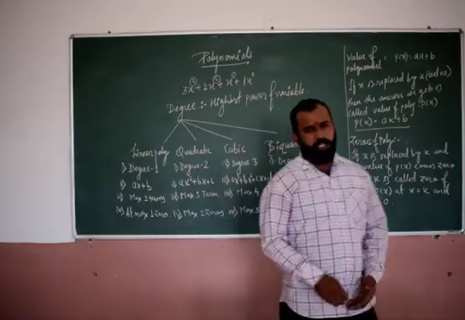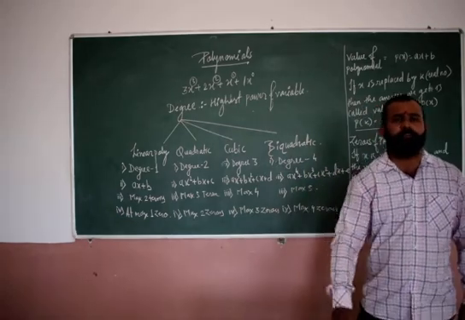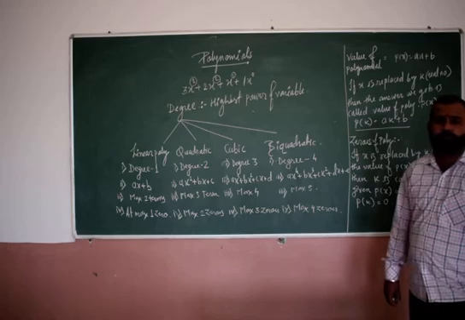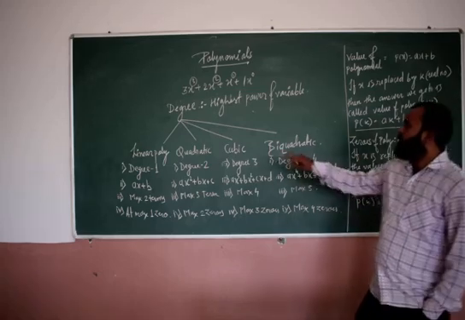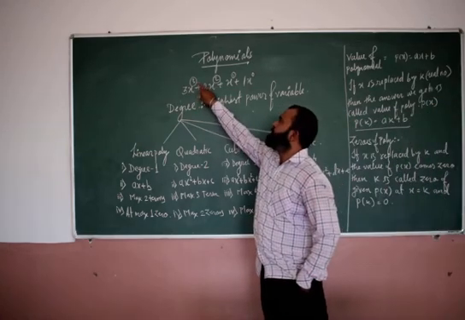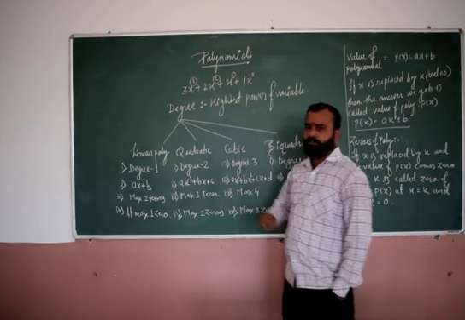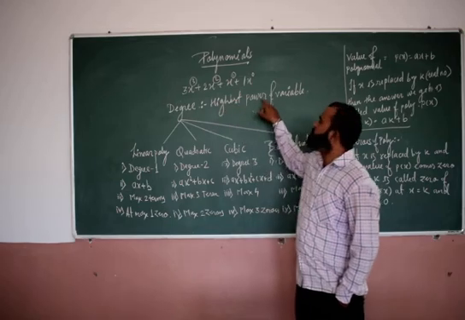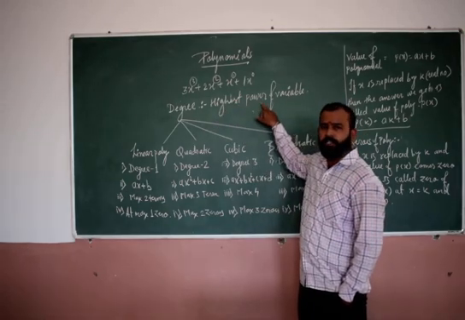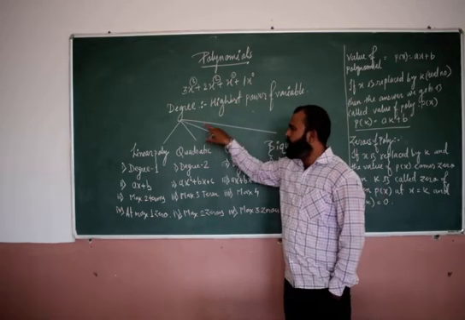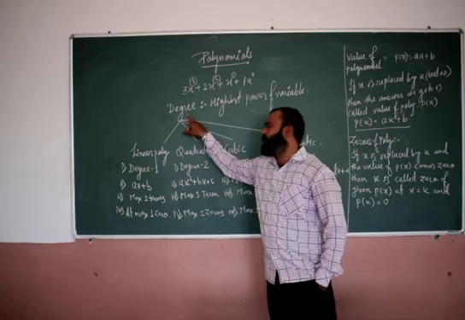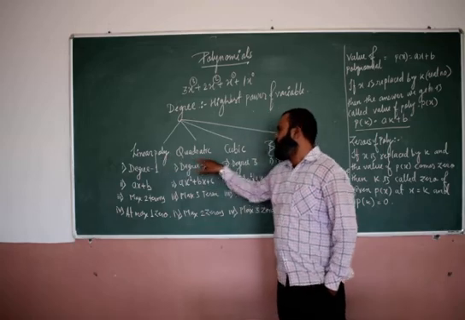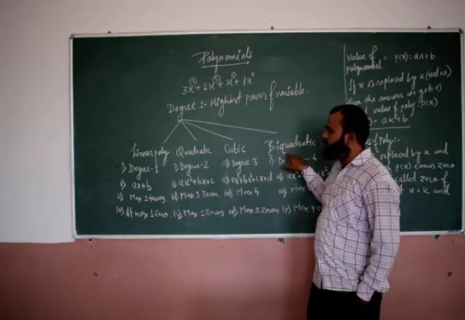Algebraic expressions where the powers are whole numbers are called polynomials. Degree is the highest power of the variable in the terms. On the basis of degree, polynomials are divided into linear, quadratic, cubic and biquadratic.